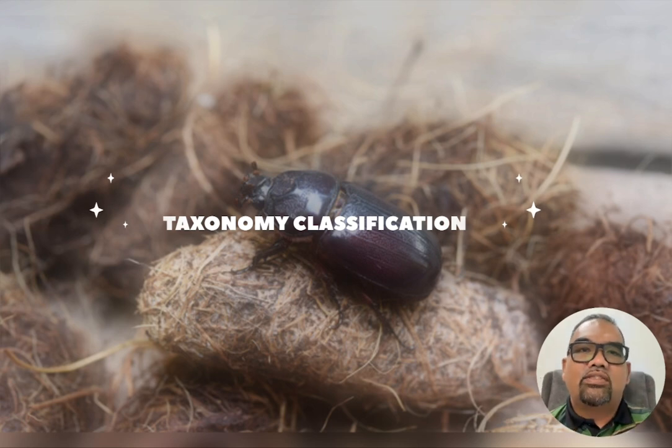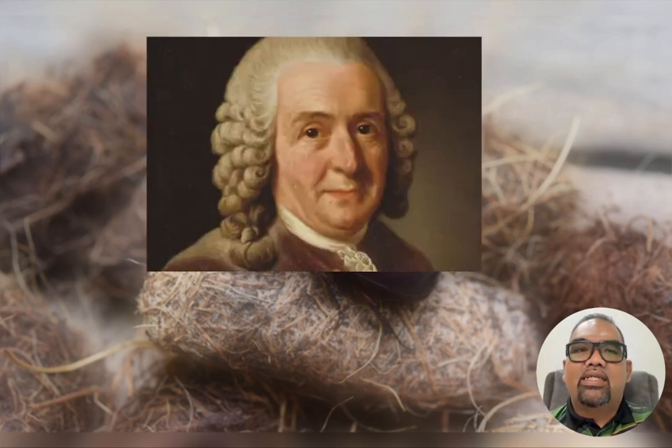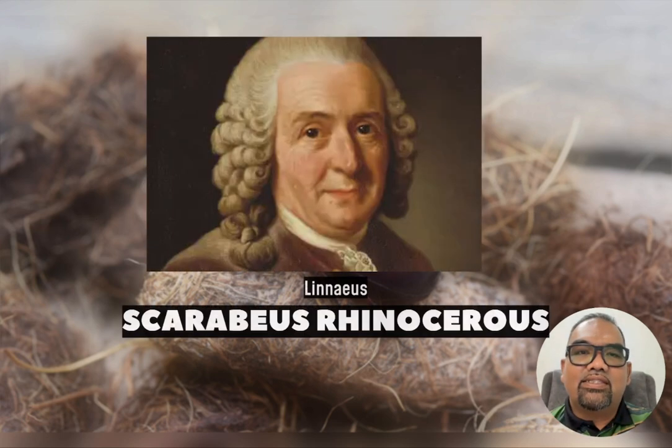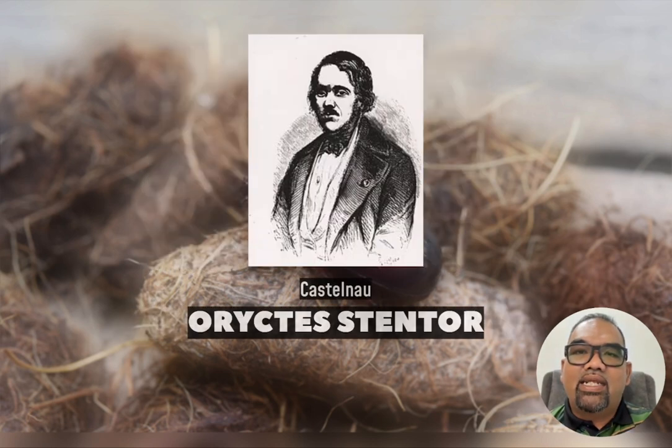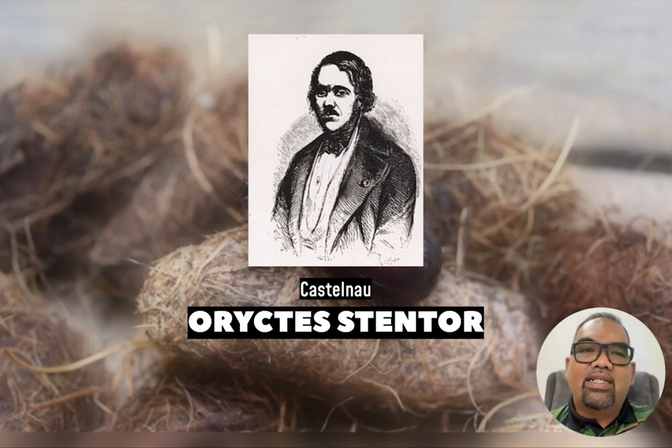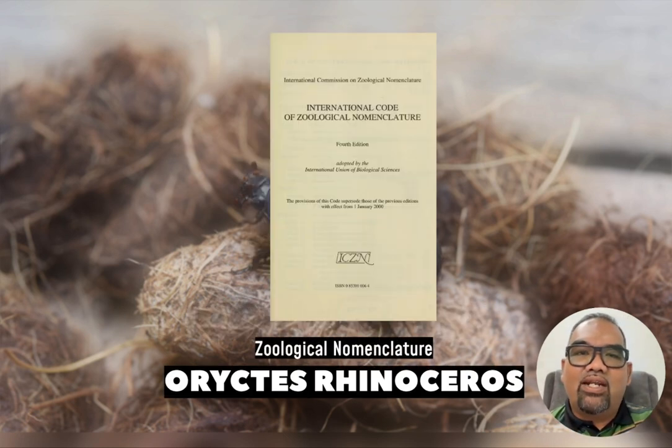Oryctes rhinoceros, an important agricultural pest, has been extensively studied over time. Initially described by Linnaeus as Scarabaeus rhinoceros, it was later named Oryctes stenter by Castelnau in 1840, and finally settled as Oryctes rhinoceros with the establishment of zoological nomenclature.